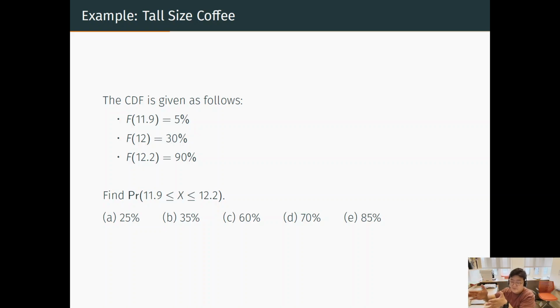That is our length. And also from the starting point to 12.2 is 90%. But we are interested in this much, from 11.9 to 12.2. How much is that? You can subtract the small length from the full length. Then you get the difference.